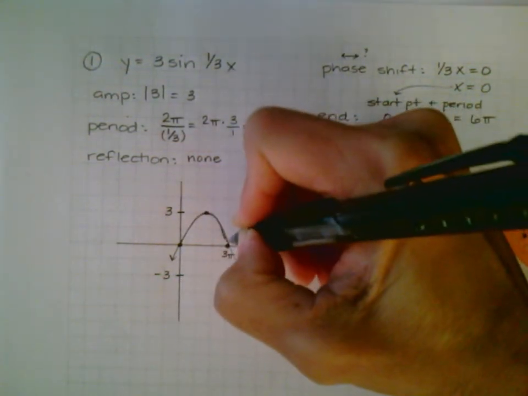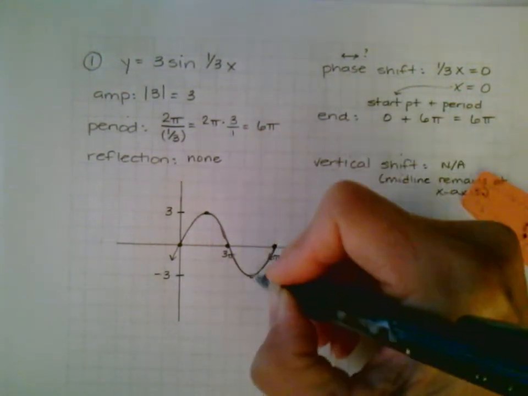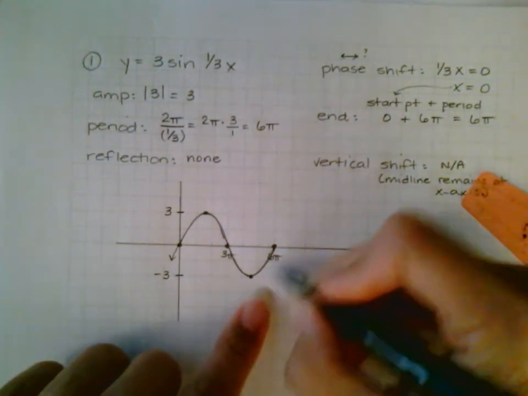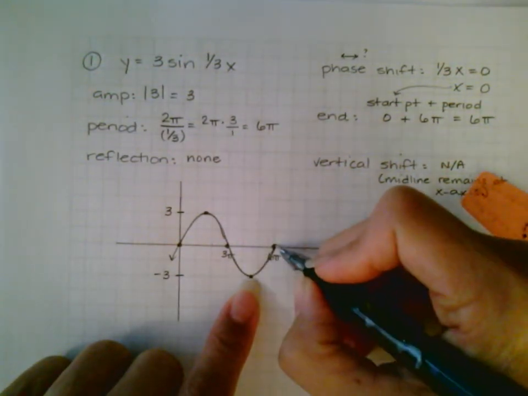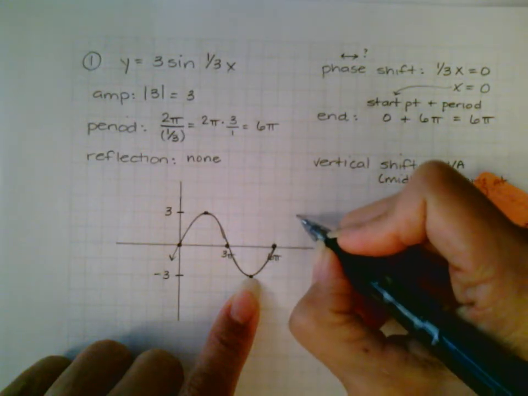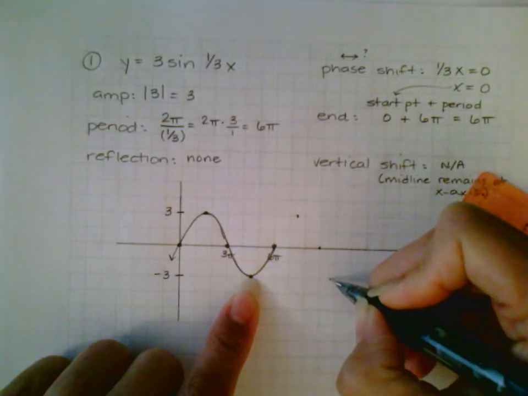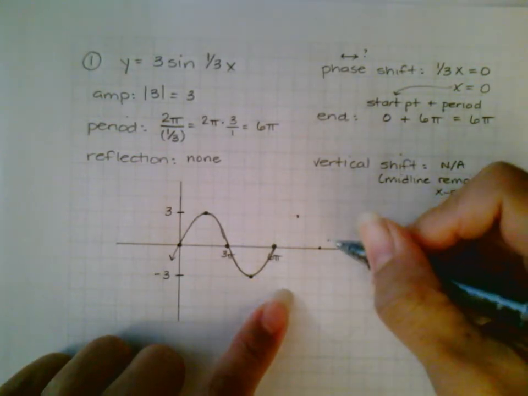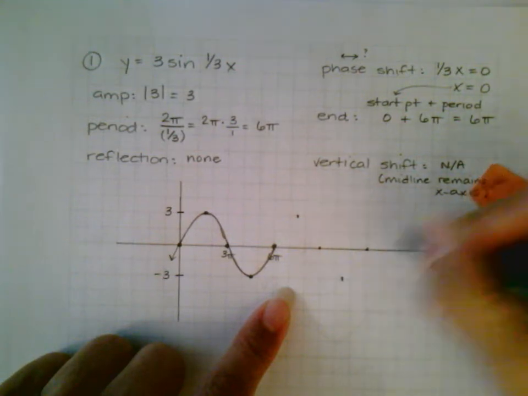I'm going to keep going here, keep going, and let's see, what was that? 1.5, so it's going to be 1.5 right here, and then right here, 1.5, it's kind of hard to see here, right here, and right here.